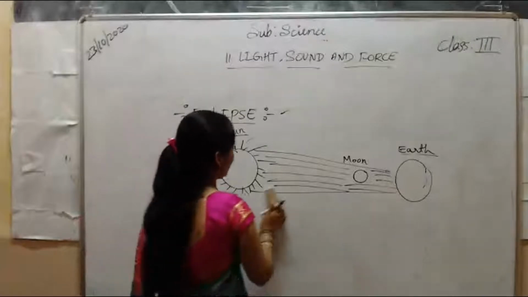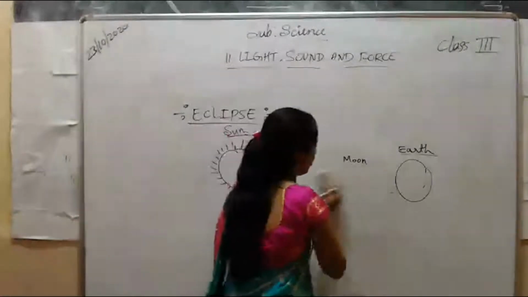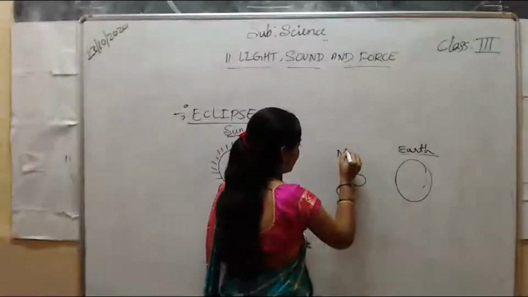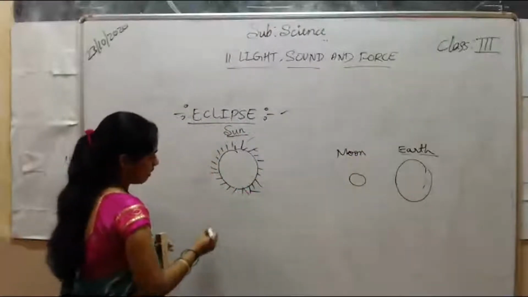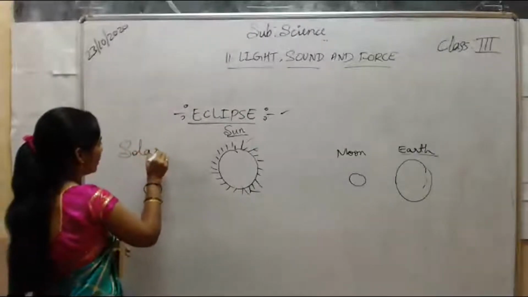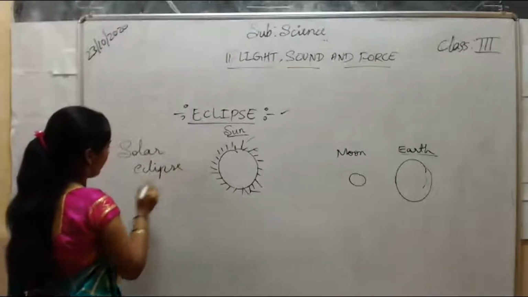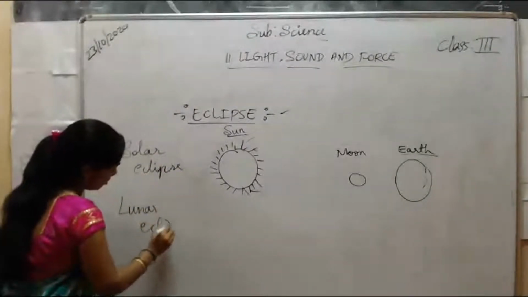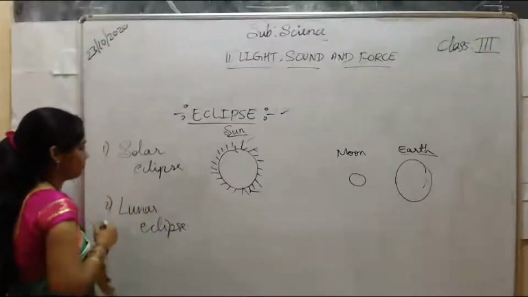So, students, there are 2 types of eclipses. One is solar eclipse, and another one is lunar eclipse.